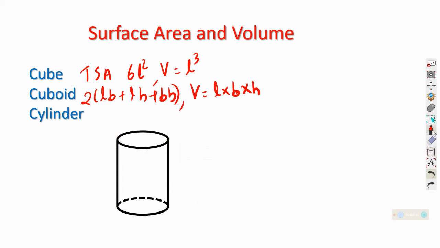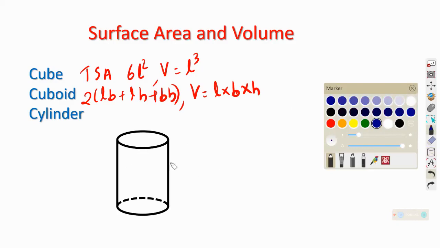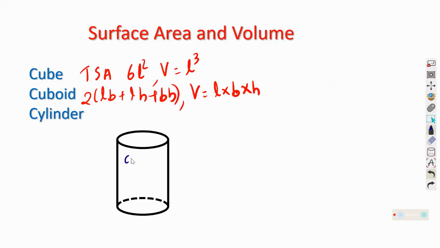So that is what makes this cylinder very unique. There are a lot of peculiarities as far as the cylinder is concerned. It has a circular top and bottom, and there will be a center for it and a radius for it. Whatever radius is there on the top, the same radius is there at the bottom.